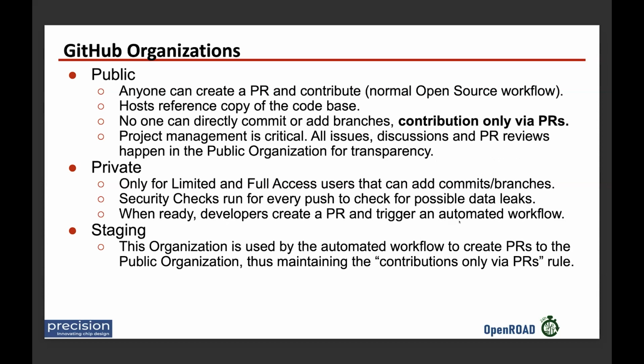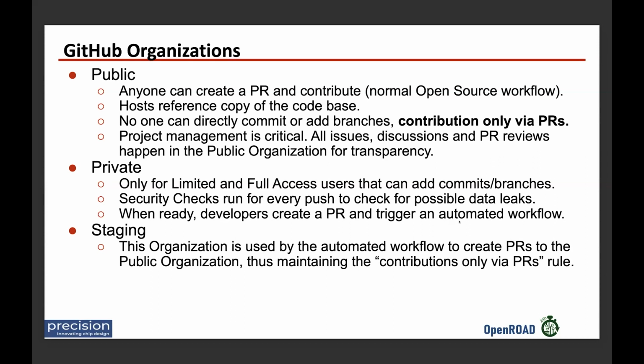Our private organization is limited to trusted developers and full access users. They can add commits and branches. Every time somebody adds code to any repository in this organization, we run a series of security checks to make sure that there are no leaks of PDK data or private information.